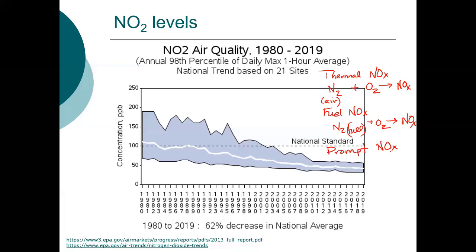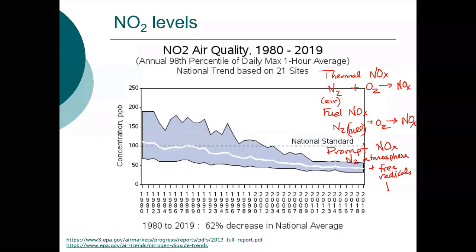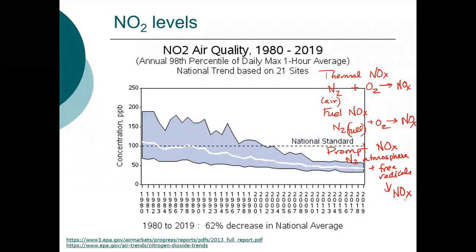This is the result of nitrogen in the atmosphere, again, and free radicals that are produced in the flame and result in the formation of NOx. We'll talk more about this later when we talk about combustion, but because of these different reactions, it's more difficult to control NOx emissions.